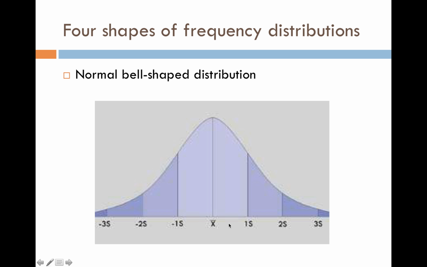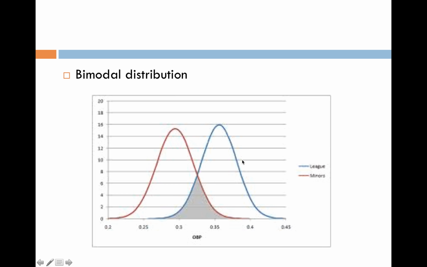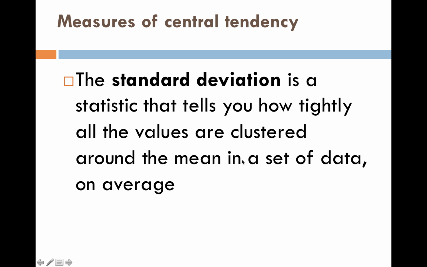So it's on average how far away these scores are from the mean, but it's standardized, so it's one number, and when you go away from the mean, you're adding or subtracting a standard deviation. That's really the best way that I can put it. And it helps you tell the story behind the data.